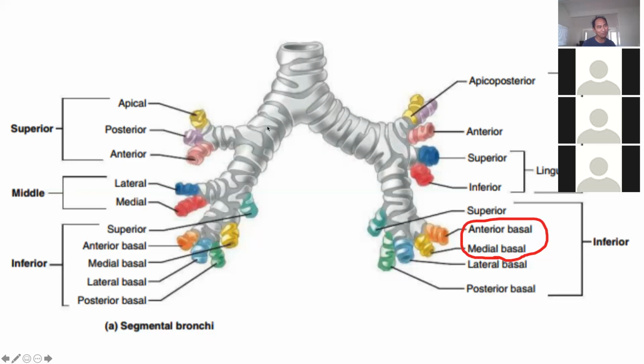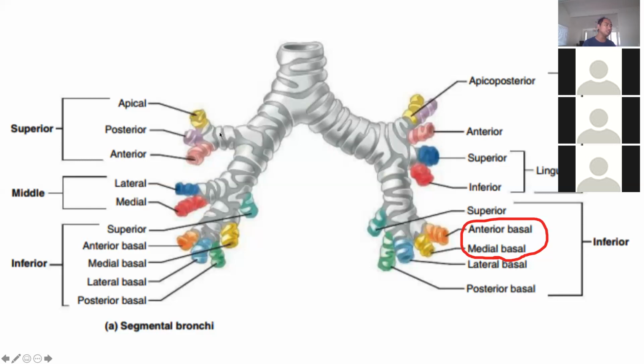For the right main bronchus, of course, we have 3 lobes in the right lung: superior, middle, and inferior. So this is the primary bronchus, and we will say these are secondary bronchi.